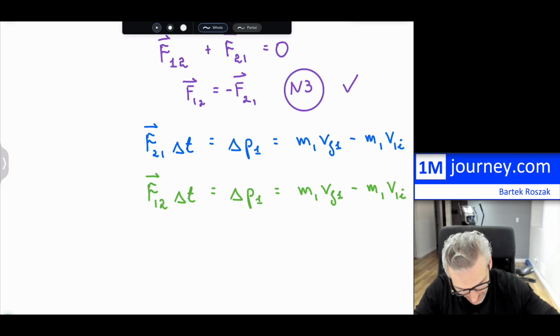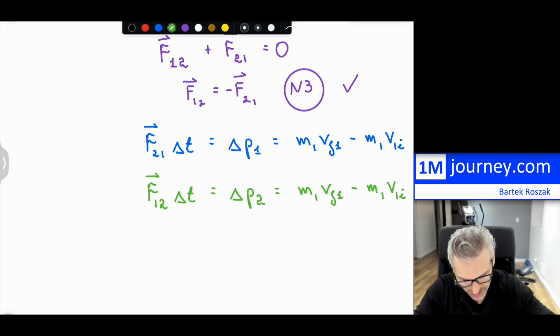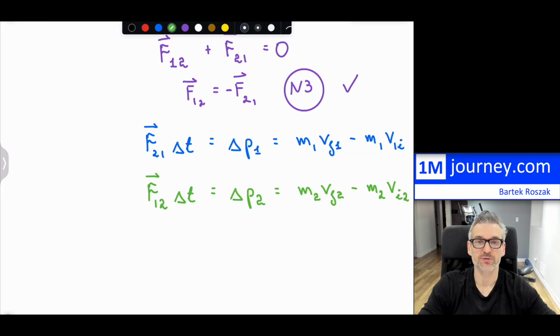And this right here is just the change in momentum of that second object. So I'm going to delete all of these, and there we have our 2 changes in momentum.